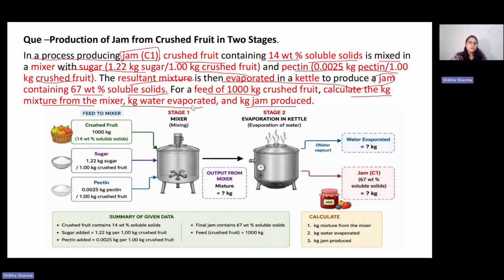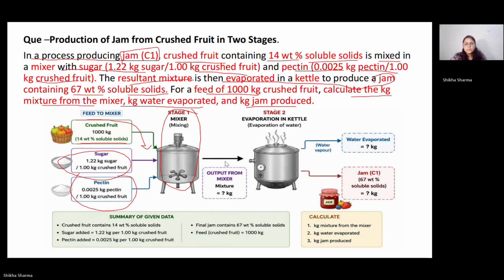So basically we have this mixture for mixing of these crushed fruits, which is around 14% soluble solids and 1000 kg. We are feeding with the sugar and with the pectin.